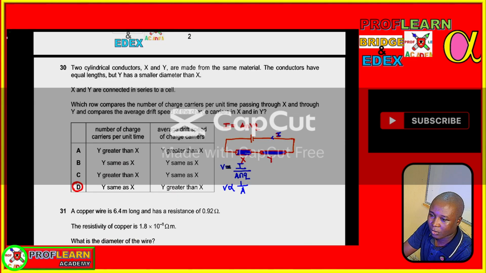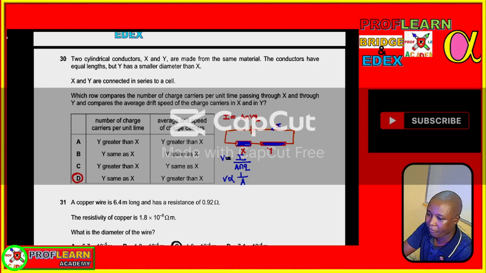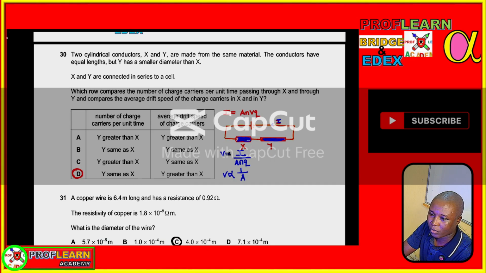We are told two identical conductors X and Y are made from the same material, and the conductors have equal length but Y has a smaller diameter than X. So which row compares the number of charge carriers passing through X and the average drift velocity?